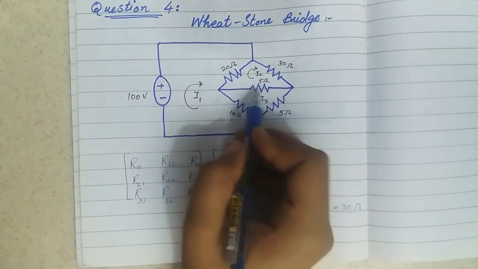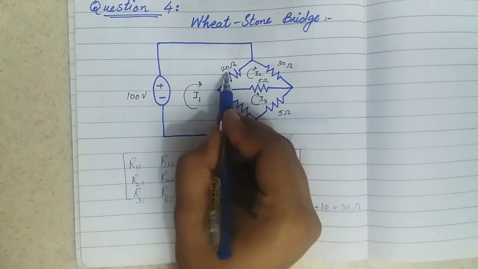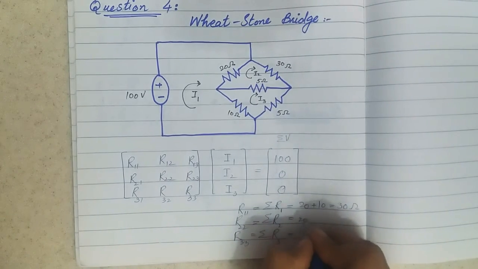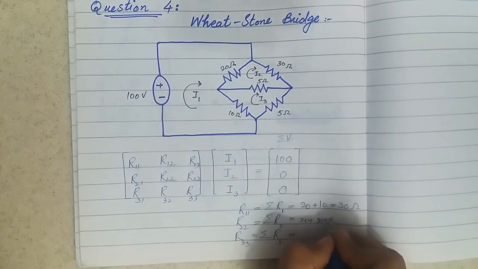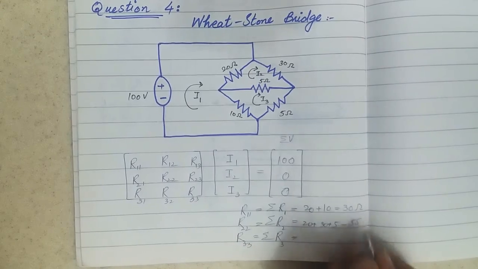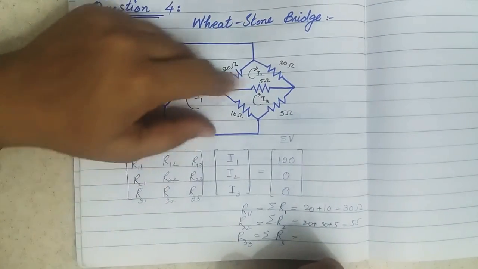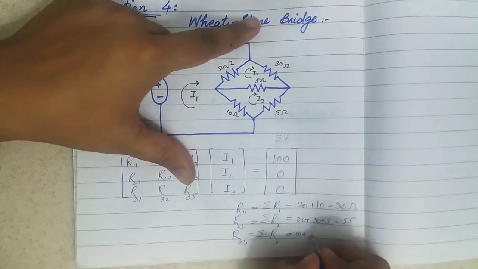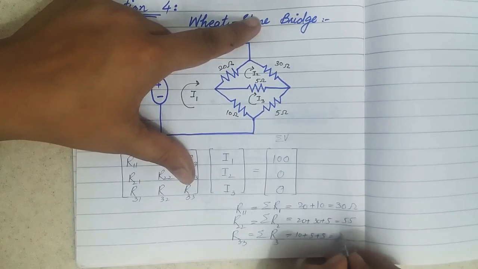For the second loop, there are 3 resistors attached: 20 plus 30 plus 5 is equal to 55. For the third loop, 3 are attached: 10 plus 5 plus 5 is equal to 20.